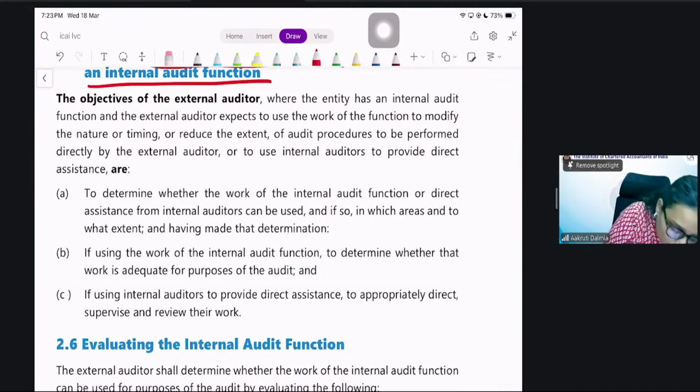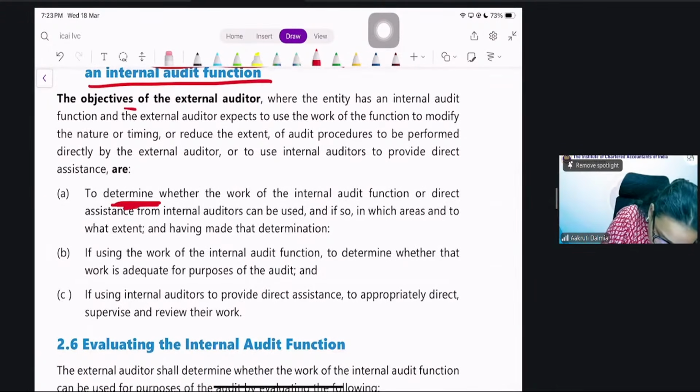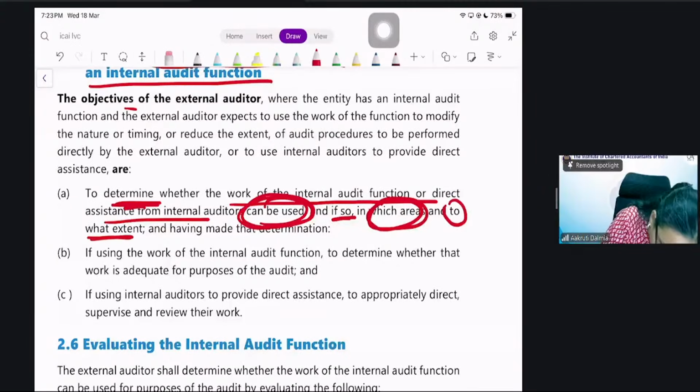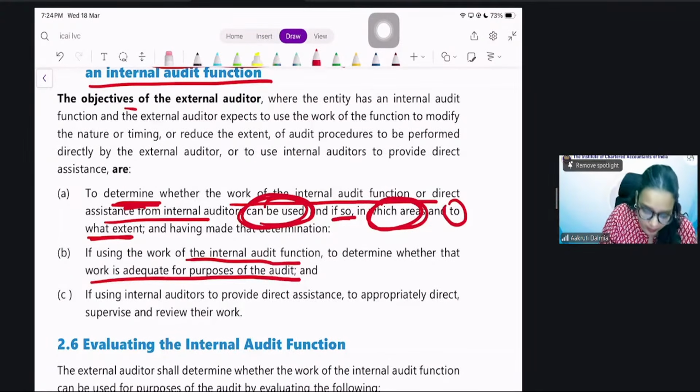Now, what is the objective? First, you have to decide whether the work of the internal auditor or direct assistance can be used. If so, in which area can it be used? To what extent can it be used? If you are using the work of internal audit, determine whether that work is adequate for the purpose of the audit.